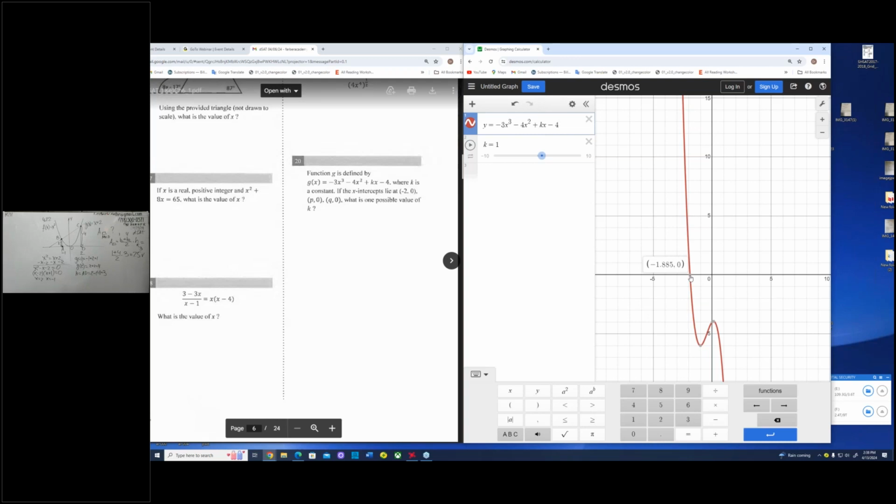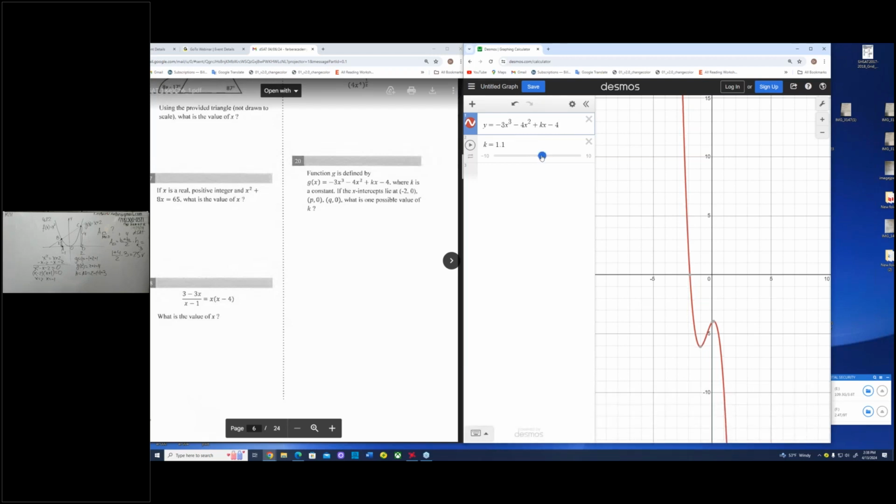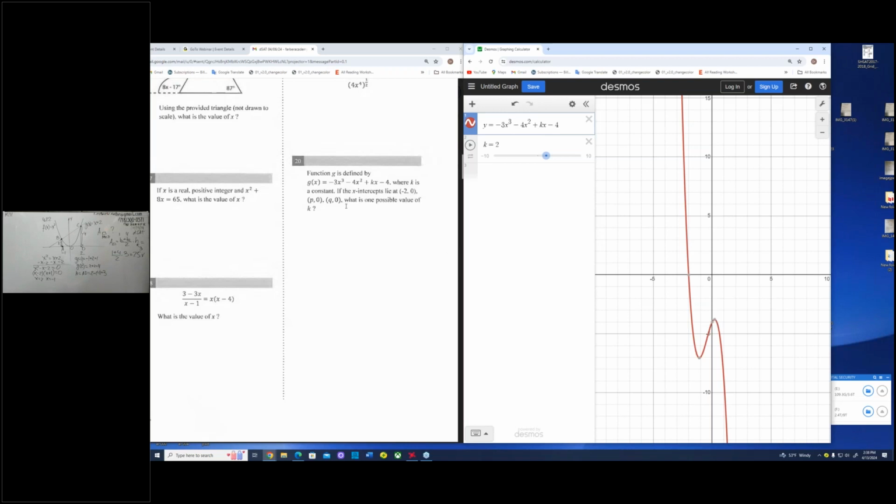So play around with k to have it -2, because it's -2 sharp. Want to be sure, so play and measure every time. And this -2, 0. And what is the value of k? k equals 2.